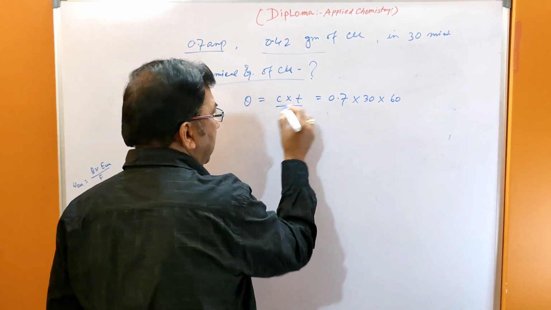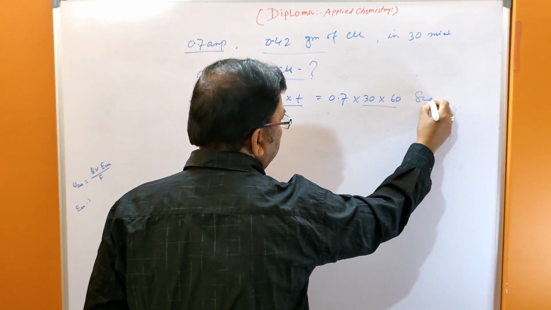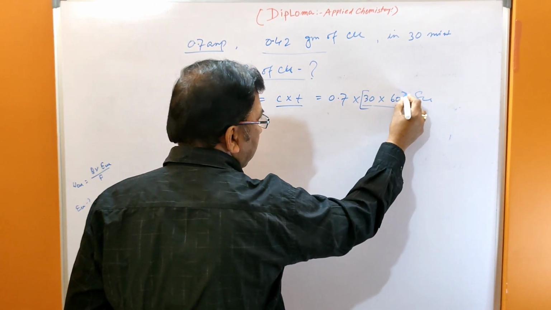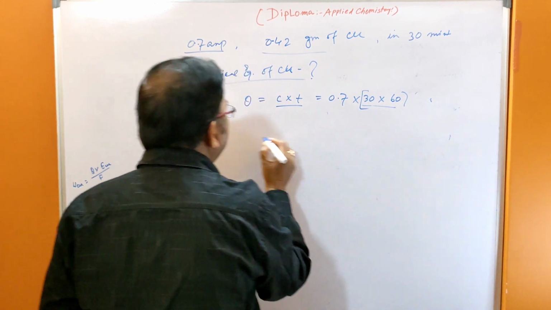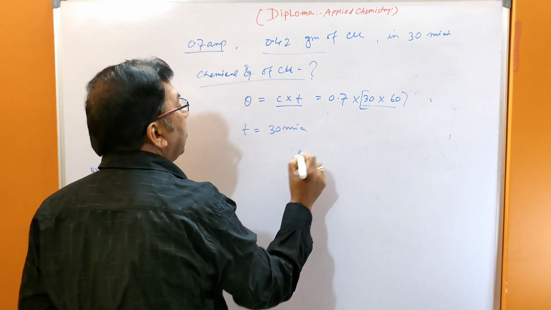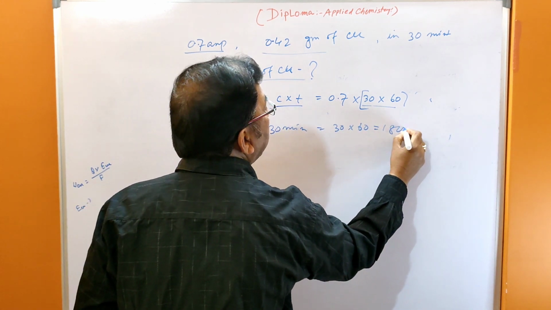This is Q equals C into T, this is C, this is T, in seconds. T equals 30 minutes, equals 30 into 60 equals 1800 seconds.